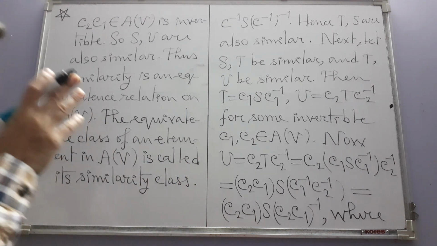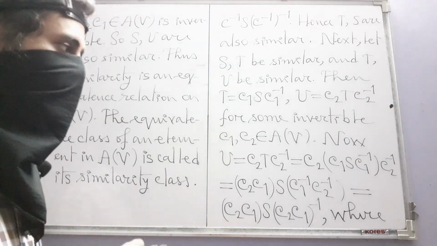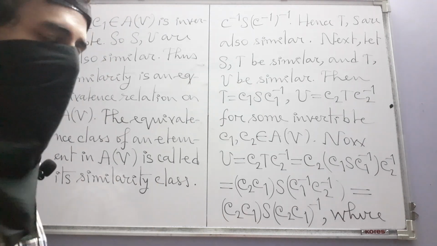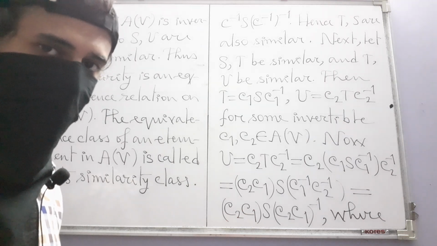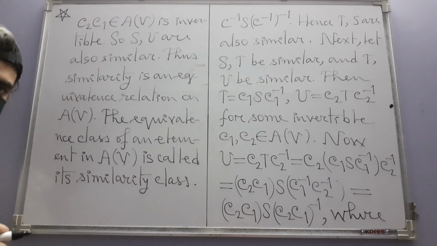Just like for the conjugacy relation in a group, we call the equivalence classes conjugate classes or conjugacy classes. Here, the equivalence classes are called similarity classes.